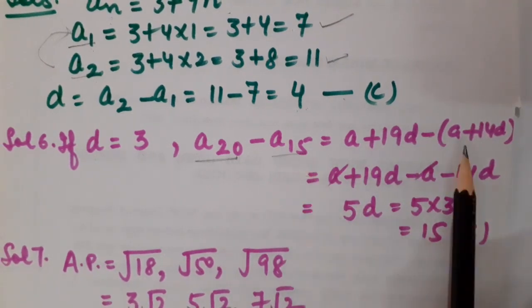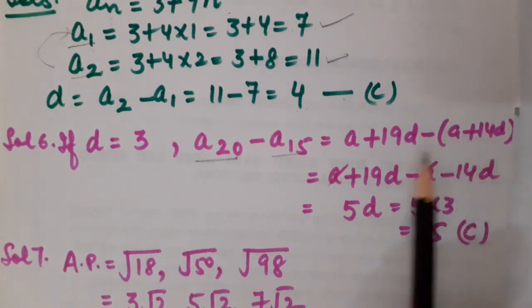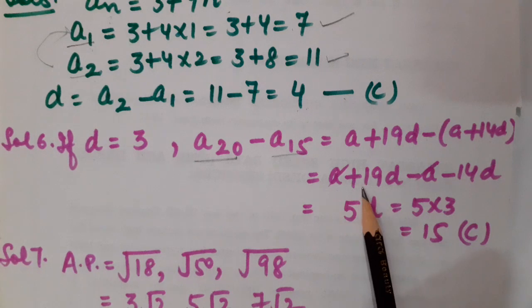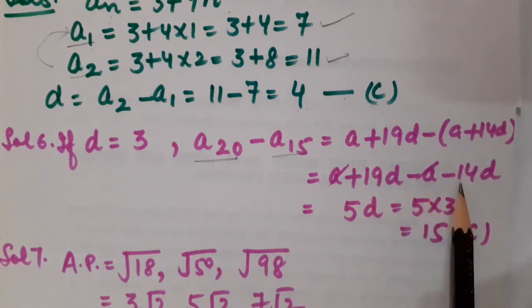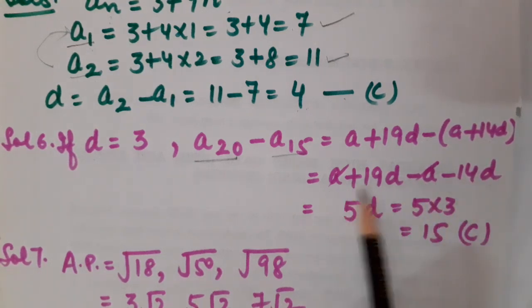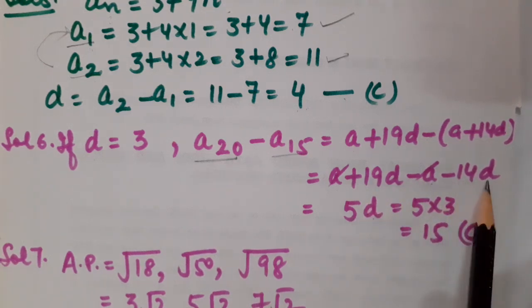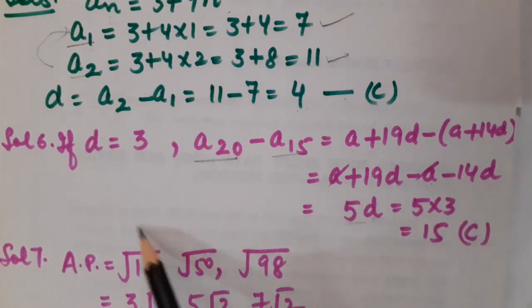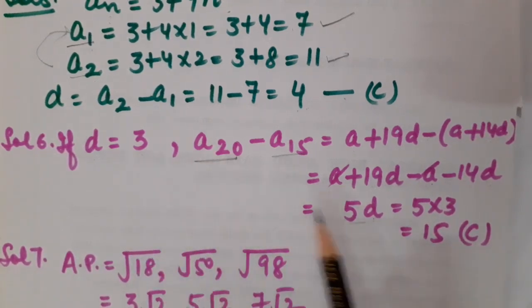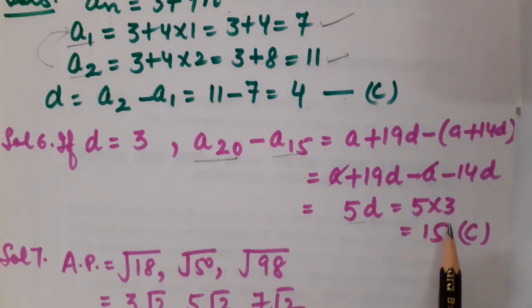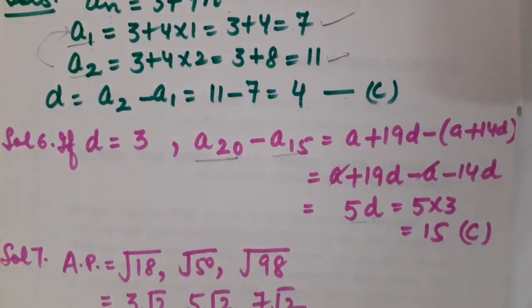And A15 can be written as A plus 14D. Take this minus sign inside the bracket. We will get A plus 19D minus A minus 14D. So plus A and minus A are going to be cancelled. We will get 5D. Correct? 19D minus 14D will give you 5D. Now just put the value D is equal to 3 over here. So the answer will be 15, and which option is correct?